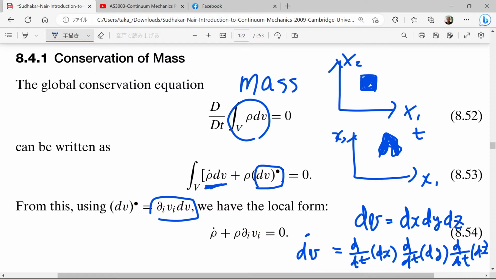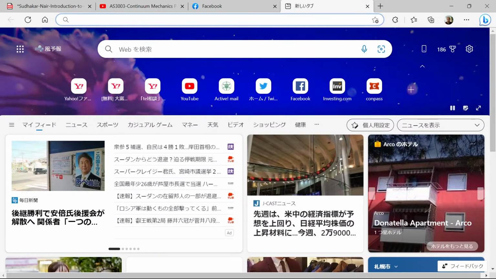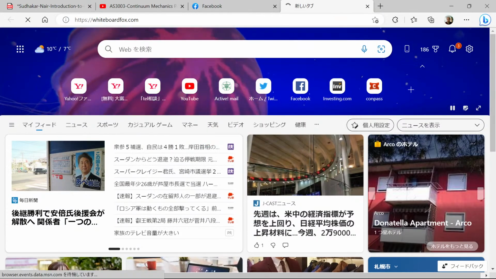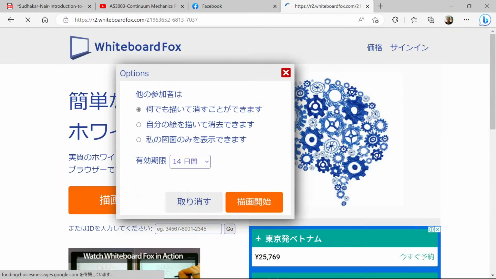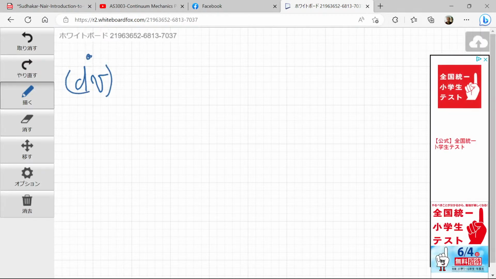Let me try a different approach. Let me use a whiteboard. So we want to consider dV dot, maybe like this.